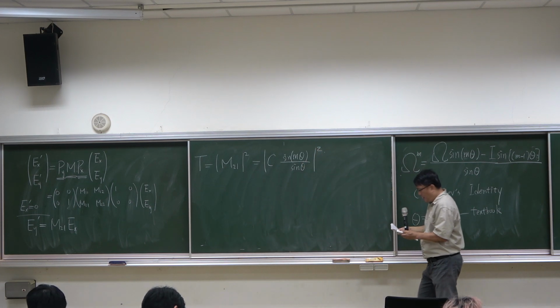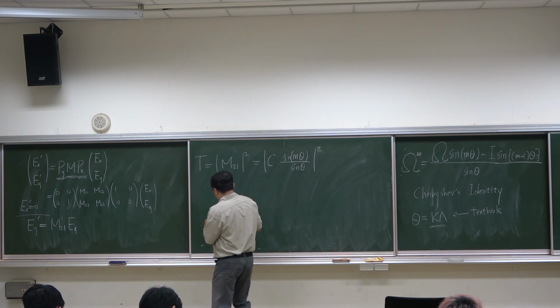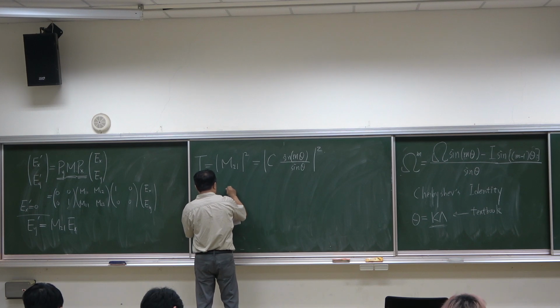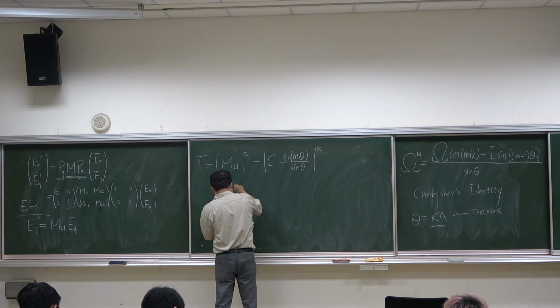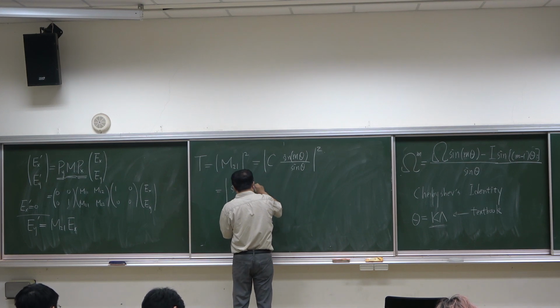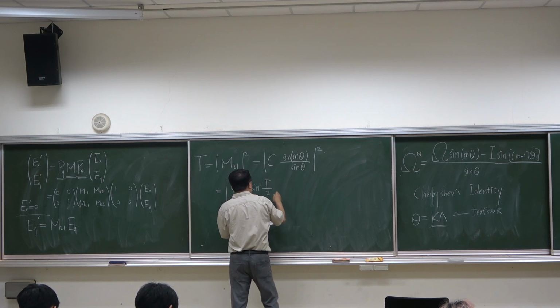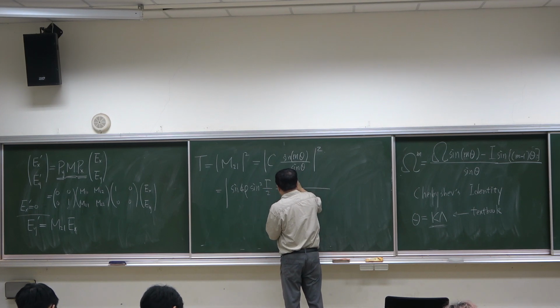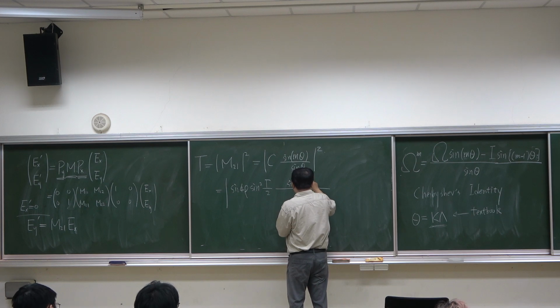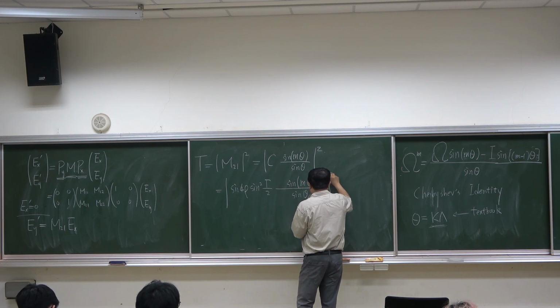Okay. And what is C? C is minus B. So this gives us sine squared rho sine squared half gamma times sine m theta over sine theta squared.